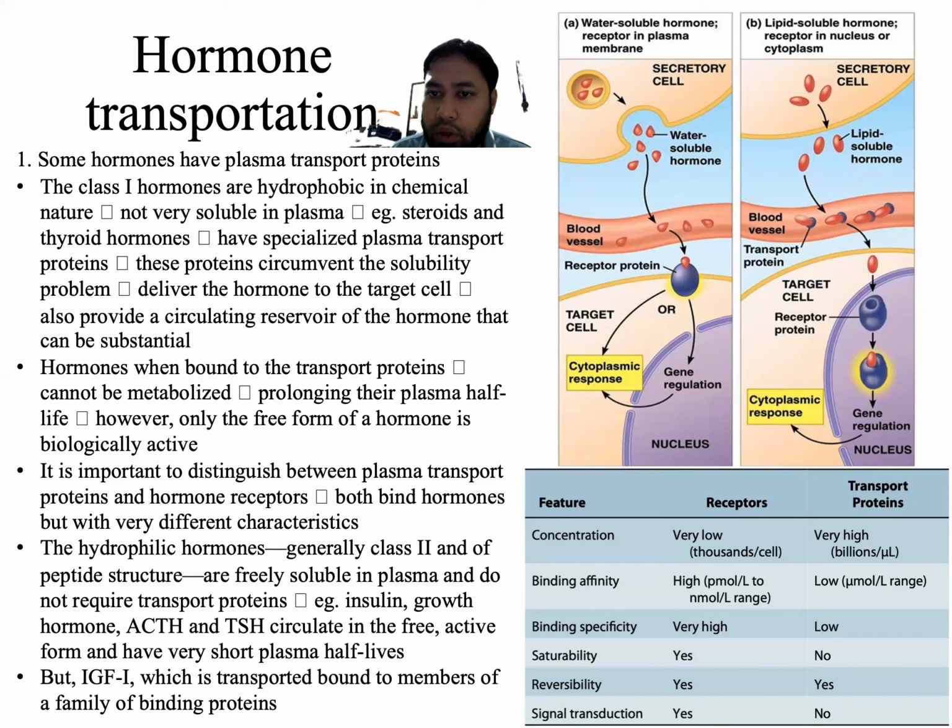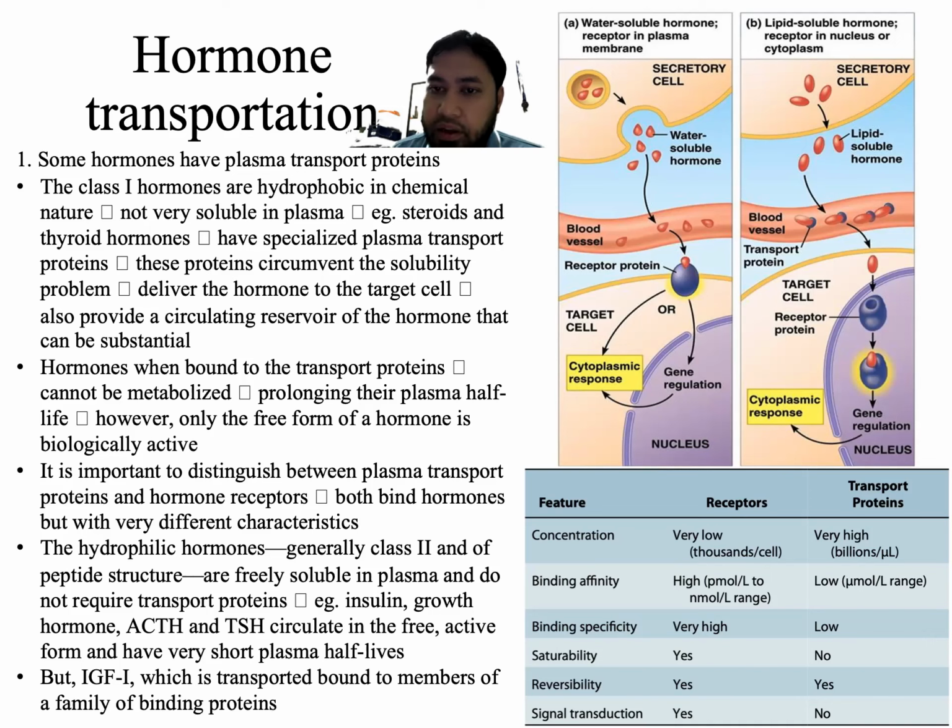the water-soluble hormone binds to the receptor protein, which is on the target cells. So once this combination, the hormones and the receptor protein bind together, they will become activated. The cells will become triggered to produce the response.